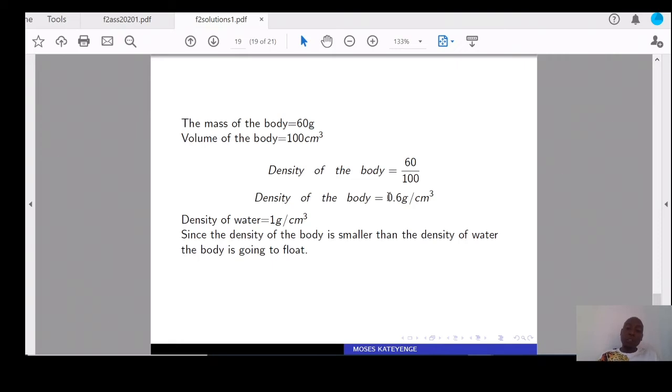Now the density of water is 1 gram per centimeter cubed, and as we can see, 0.6 is much smaller than 1. And so because the density of the body, which is 0.6, is smaller than the density of water, which is equal to 1, this body is going to float.